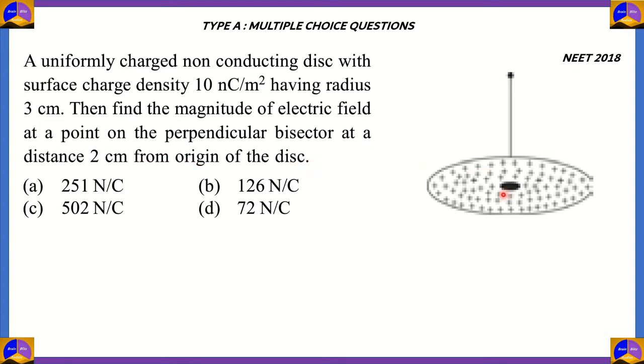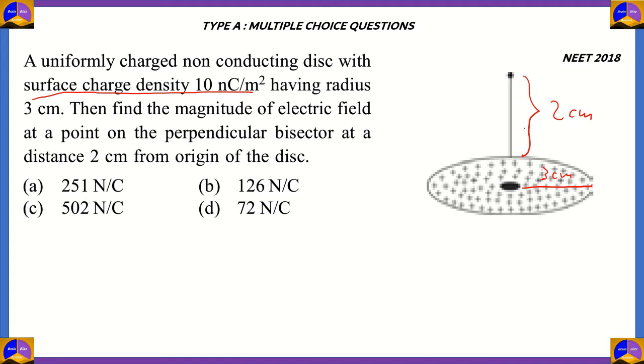Okay, so now we have a disk with surface charge density as 10 nanocoulombs per meter square, and it has a radius of 3 centimeters. And you need to find the magnitude of electric field at a point 2 centimeters away from the center.